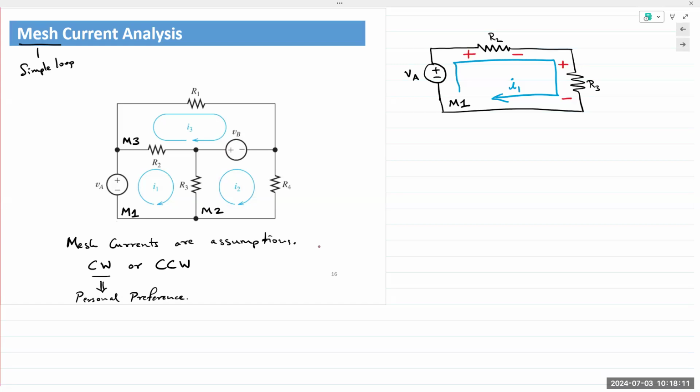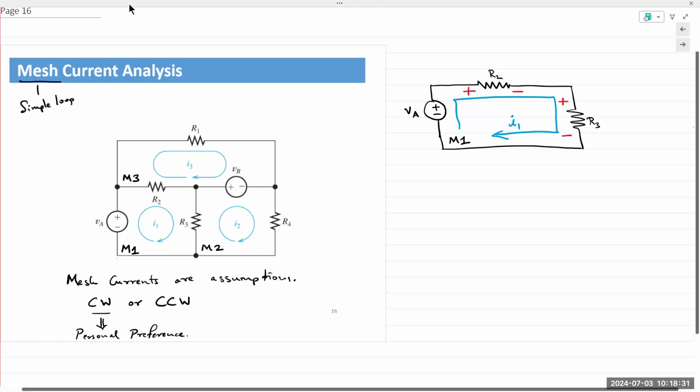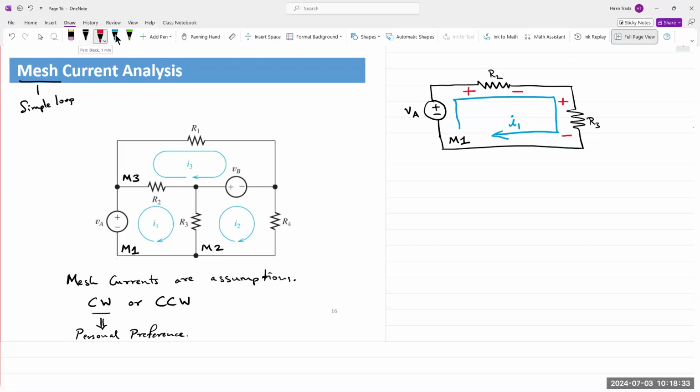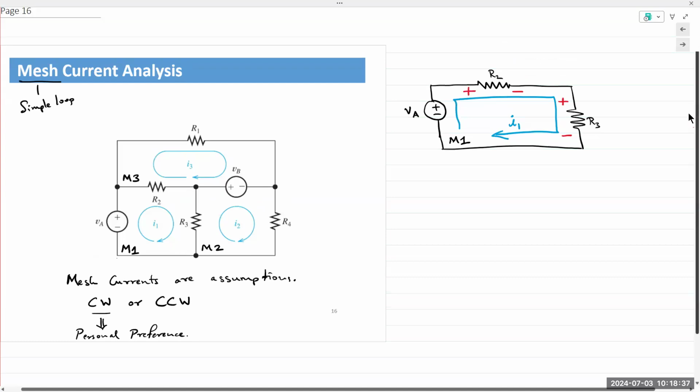Okay. But here is the difference between node voltage and mesh current. In mesh current analysis, again, we have to keep in mind, and I'm repeating the same thing again, mesh currents are hypothetical. So if you have a shared branch, like we do with R2 and R3, and by shared branch, I mean that component or those components are shared between two meshes.